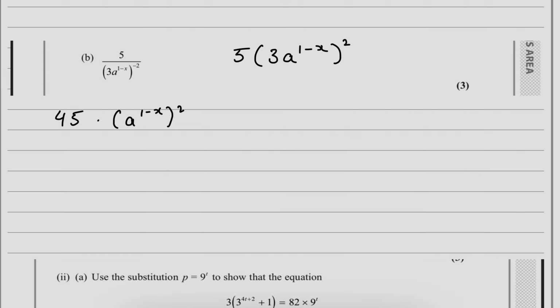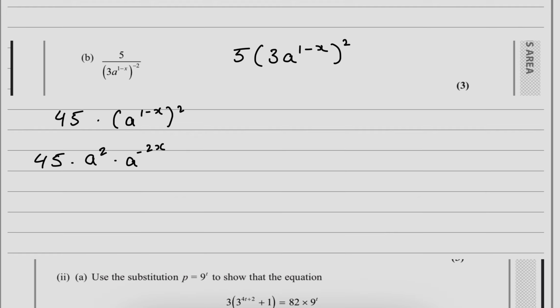Now, let's bring that power down, because we really want a to the power x by itself, don't we? So 45 multiplied, because we want everything outside of the bracket at this point. So 2 times 1, that's just a squared, multiplied by 2 times minus x, that's a to the power minus 2x.